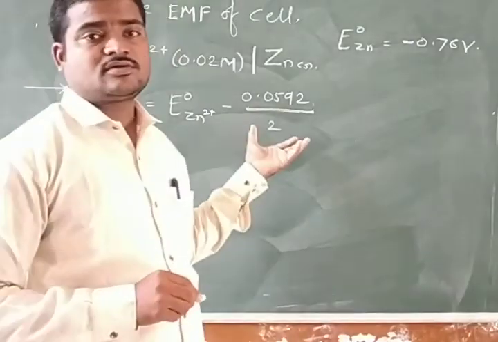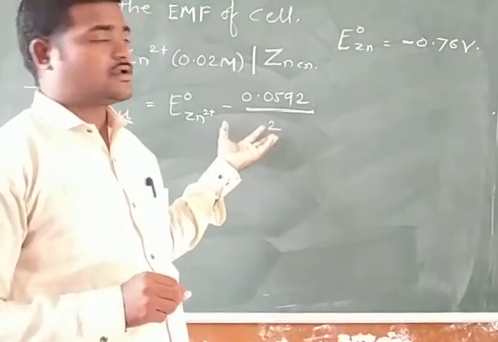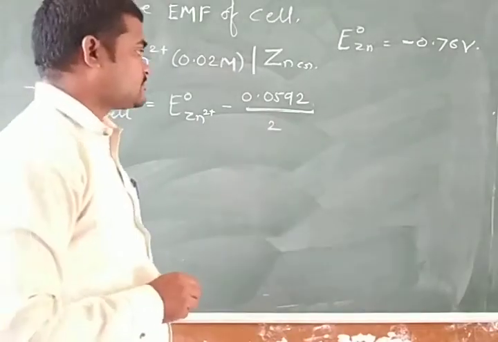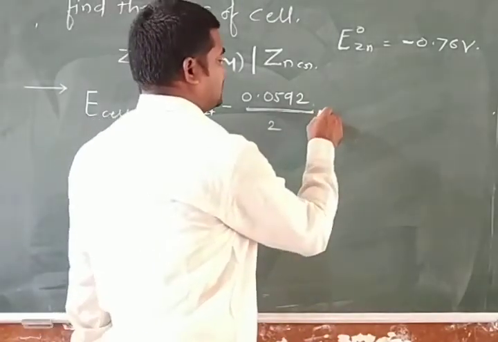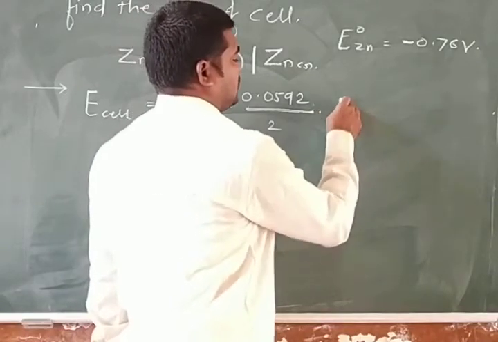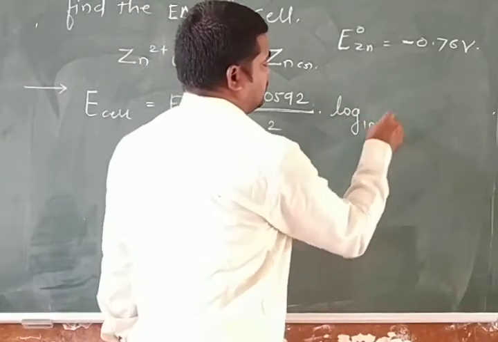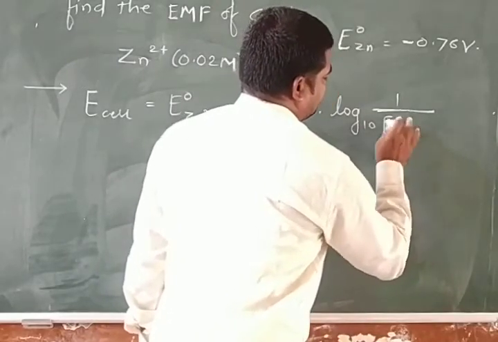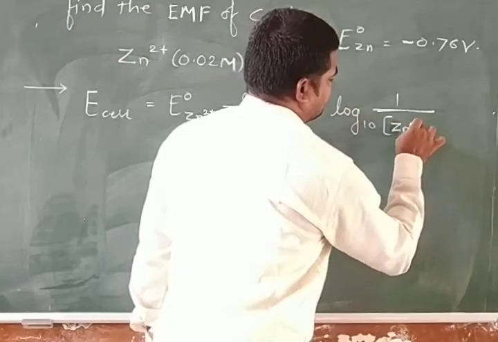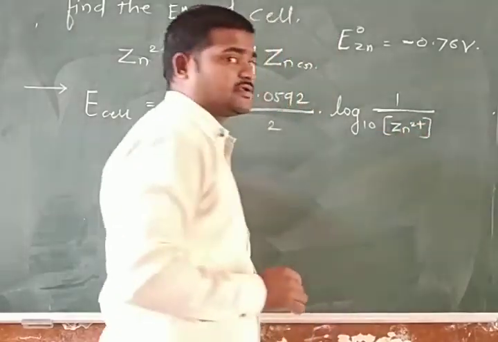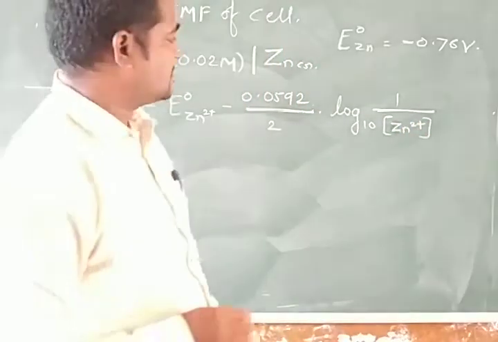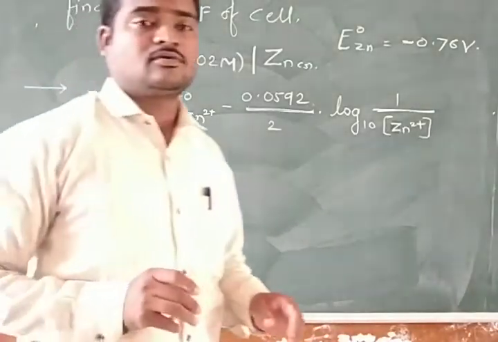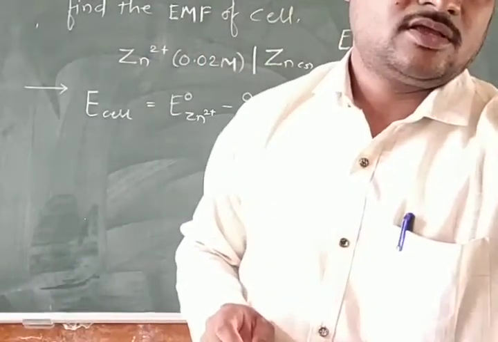Because the number of electrons in this equation is 2; to balance the corresponding equation, we have used the number 2 here. Therefore, log to the base 10 of 1 upon the concentration of Zn2 plus species, that is the species in ionic state. So this is the formula to calculate the E cell, that is, the EMF of the cell.